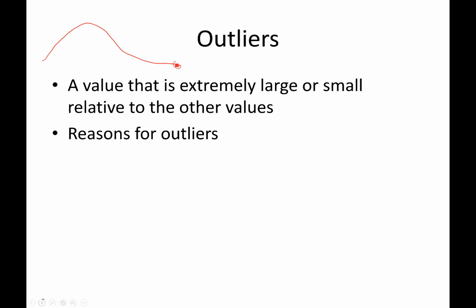When we find outliers, or what we call potential outliers, we need to see why we've got a value that looks so out of place compared to the other values in the data set. Possible reasons for outliers: it's possible that there's a data entry error. Somebody just hit a 2 instead of a 1 or something.